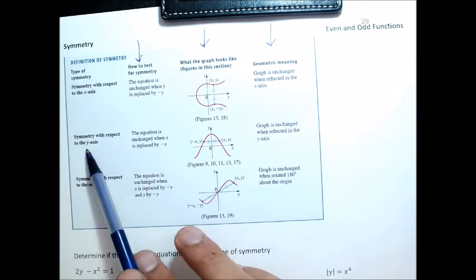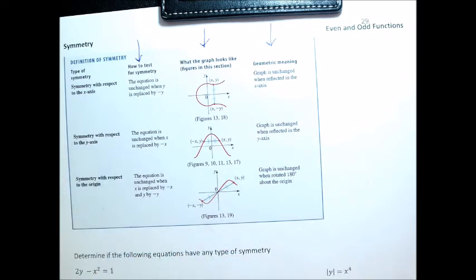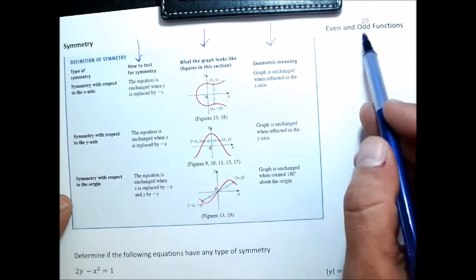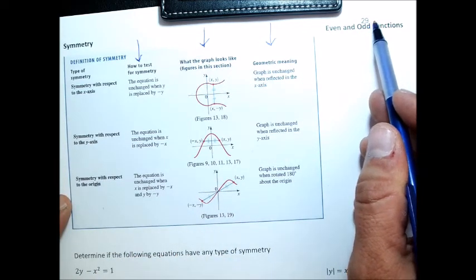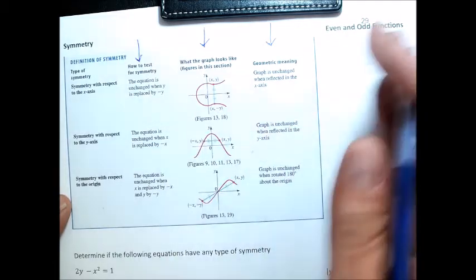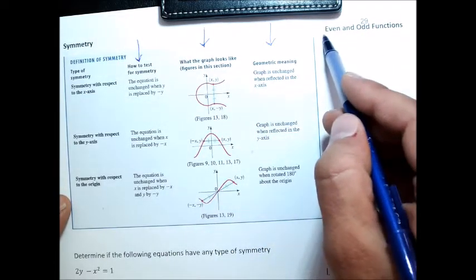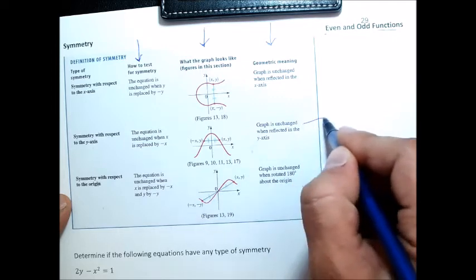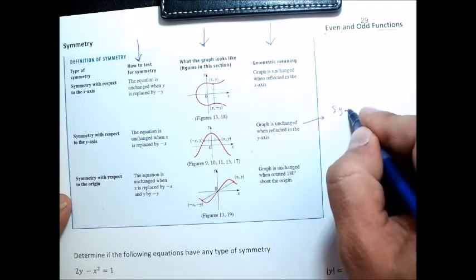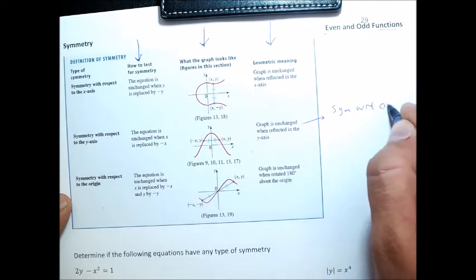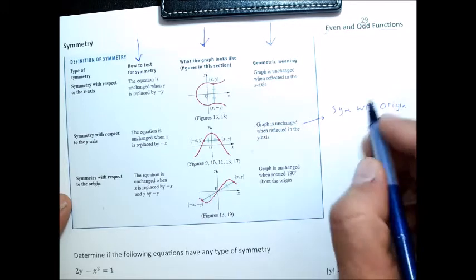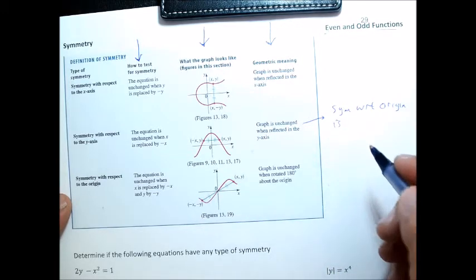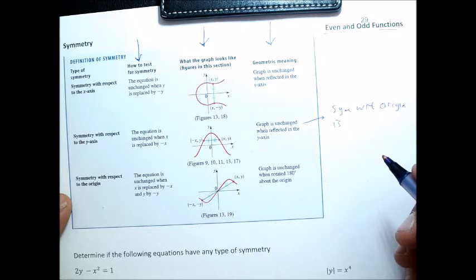Now this is also a type of symmetry, and this is known as even. So even and odd functions, we say that symmetry with respect to the origin. I guess I wrote that down wrong.